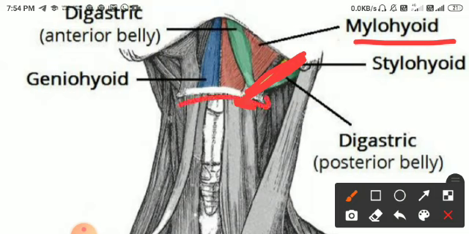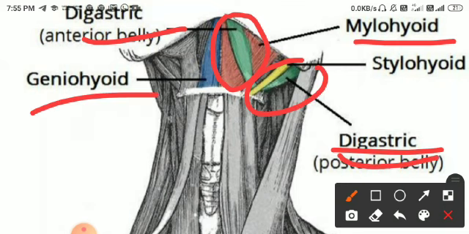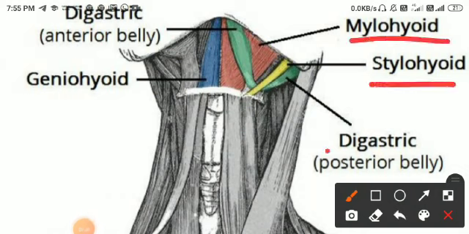This is the hyoid bone. Digastric muscle, the anterior belly of the digastric and the posterior belly of the digastric. Geniohyoid muscle, from the genial tubercle to the hyoid bone. These four are the suprahyoid muscles: mylohyoid, stylohyoid, digastric, and the geniohyoid muscle.